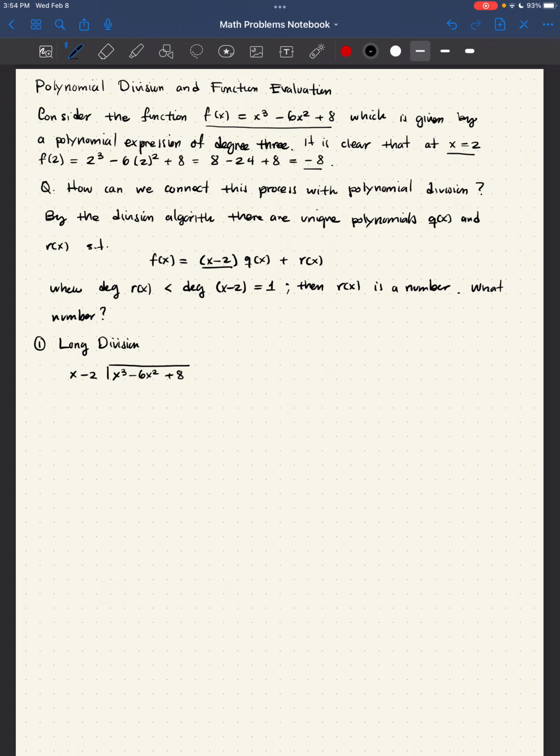Now, how do we start the process? On every single iteration of this, we have to get rid of the term of the highest degree in the dividend. So I wonder, how can I get rid of this x cubed with this x?